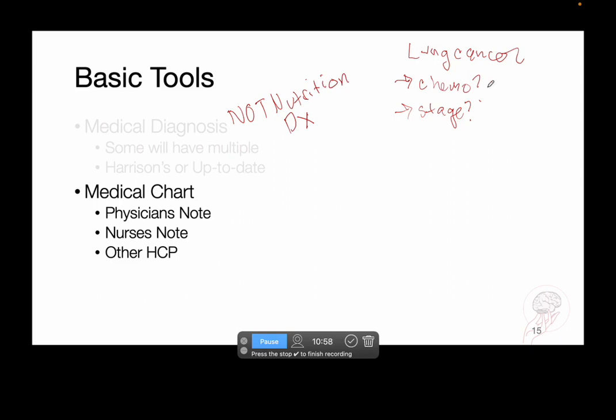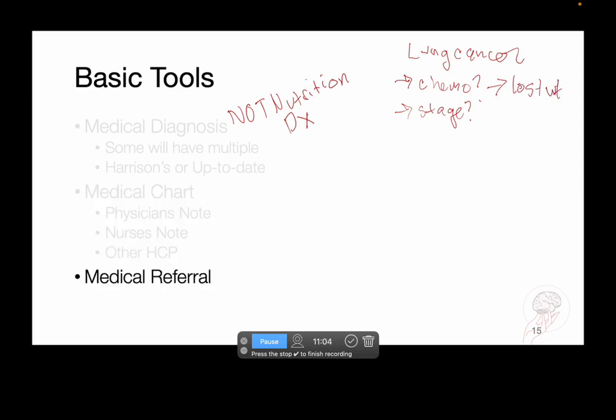Do we know, or have they lost weight? Also, the medical referral. So if your patient who has lung cancer is referred to you, looking at the medical referral will probably give you a specific. Maybe they specifically are being referred because they've lost weight.